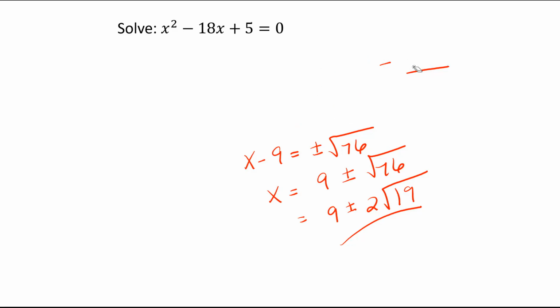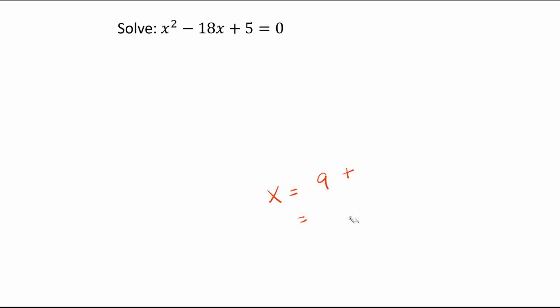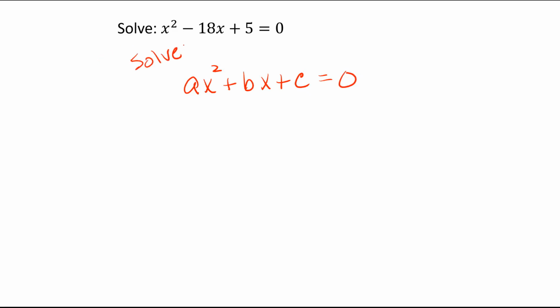And you may have done that already in Algebra 2, because I believe the Saxon Algebra 2 book does it. All right, so basically what we're saying is, suppose I have a generic quadratic equation, ax squared plus bx plus c equals 0, and I want to solve it. And the only way I can do that is by completing the square, because I don't know the quadratic formula.